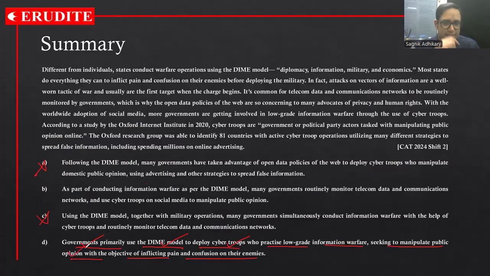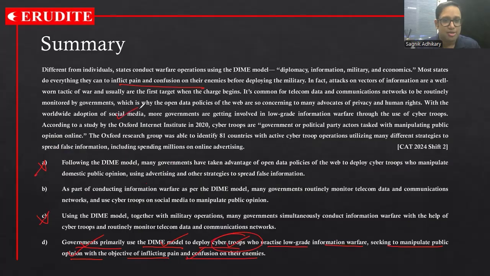This is from the last few statements, again mentioned in the context of cyber troops. The objective of inflicting pain and confusion on their enemies is mentioned here, but this is not necessarily by the use of cyber troops.